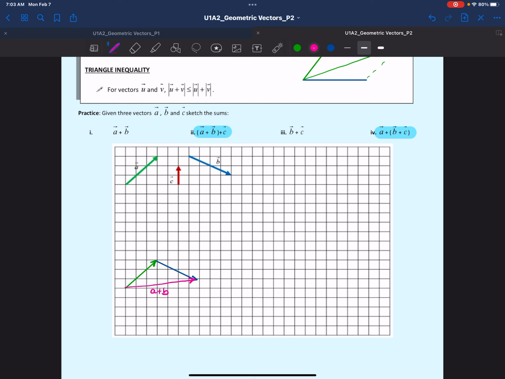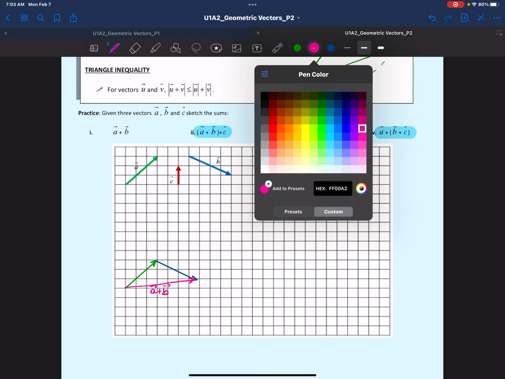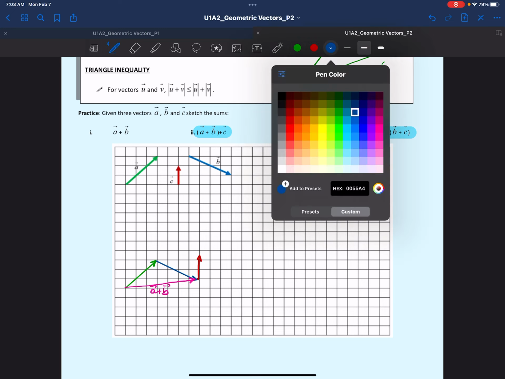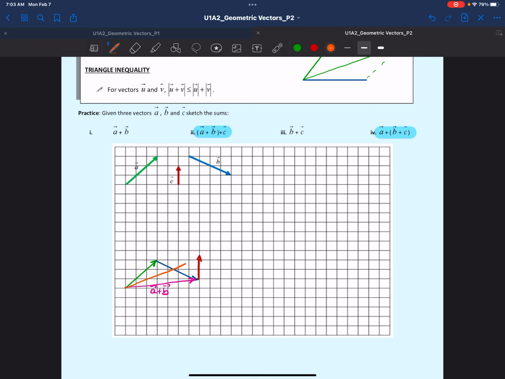Now if on a plus b we added the vector c, which is 2 units, then the resultant, I'm going to make the resultant color orange. So this will be the resultant vector. So this is a plus b, and then plus c.